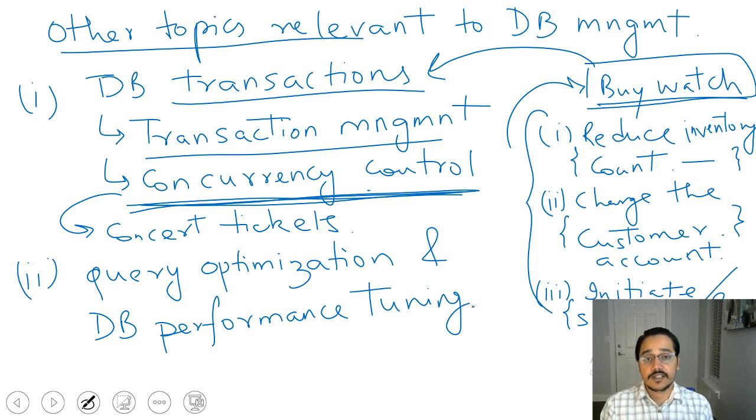Okay, that could be a transaction as well. Now, if you have written a query on your server that is going to be executed against your database, which returns the result in, let's say, 5 minutes, then your organization or your business is not going to be successful, right?